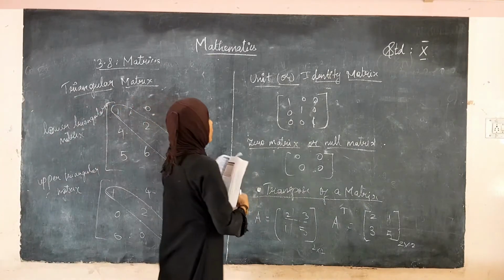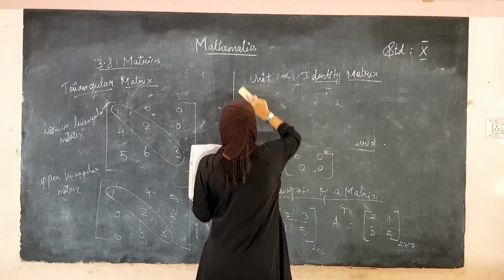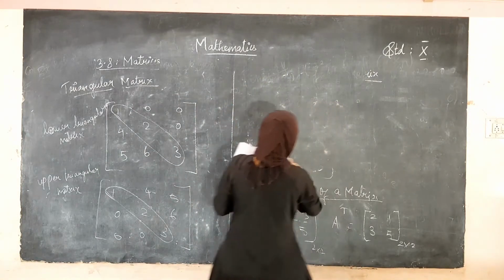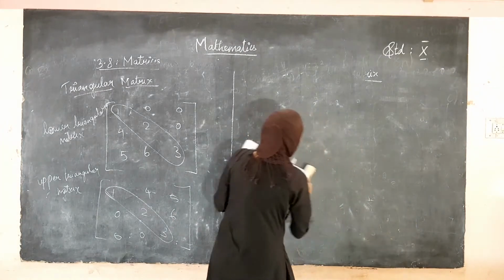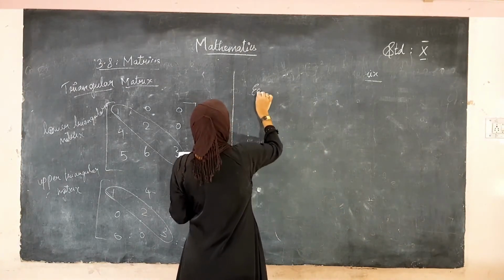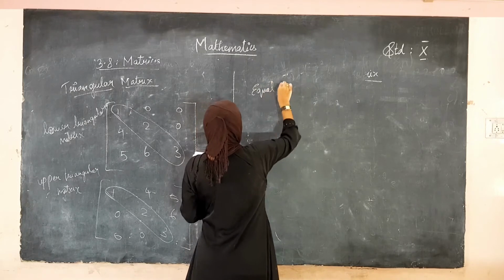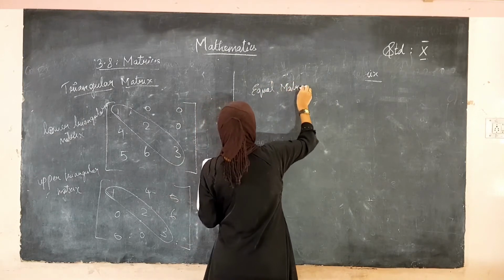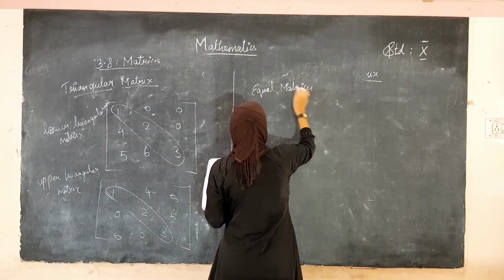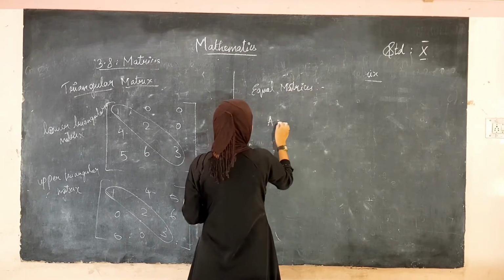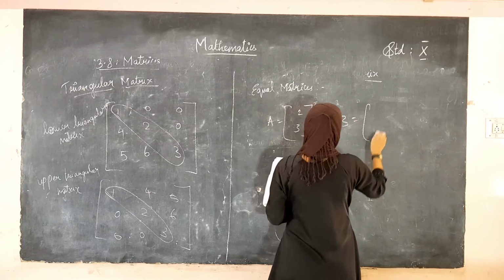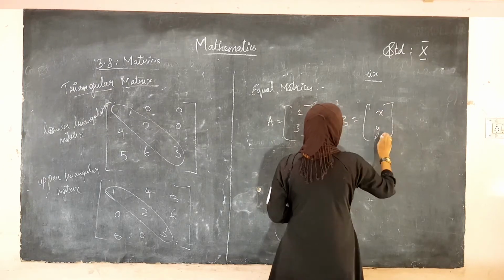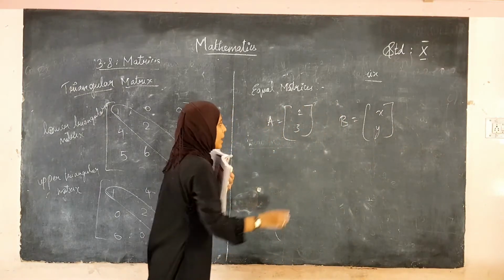Okay. Next, what is an equal matrix? The name itself tells us what it is. Two matrices are equal if, say, we have a matrix A with entries 2, 3 and a matrix B with entries X, Y. The order of the matrices should also be equal.